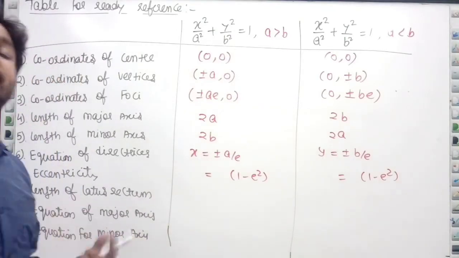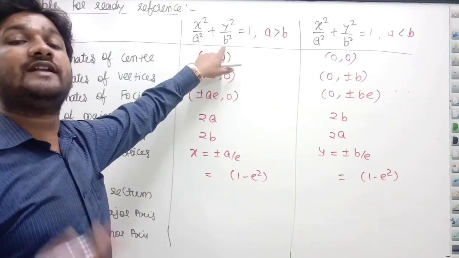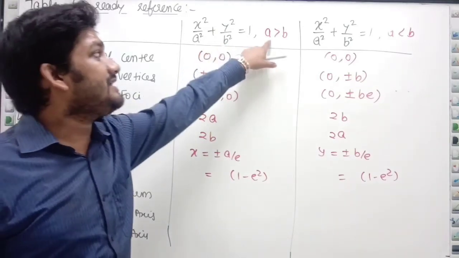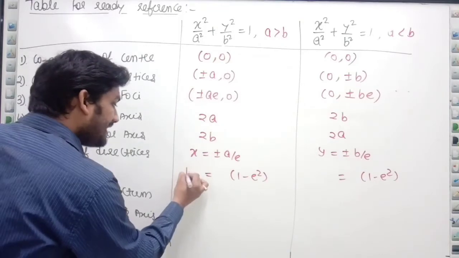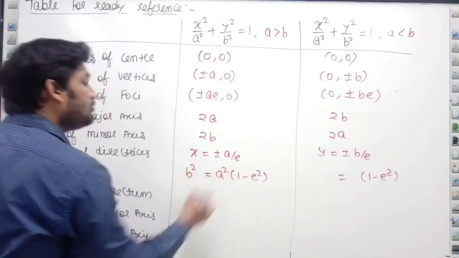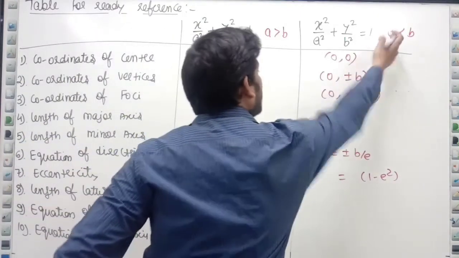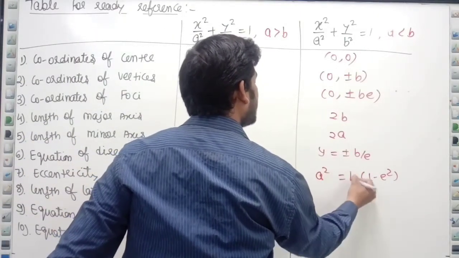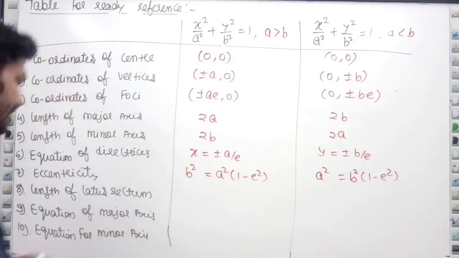Now two squares, a square and b square. Out of these two squares, which value is lesser? Here a is greater than b, so obviously b is less. So I remember this, whatever be the value that is lesser goes on the left hand side. Like here lesser value is b square on the left hand side, a square on the right hand side. You can remember it in any way.